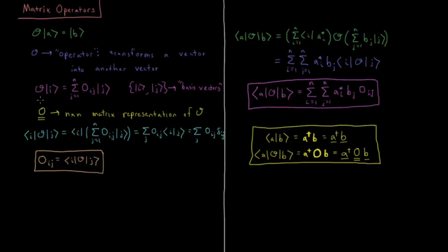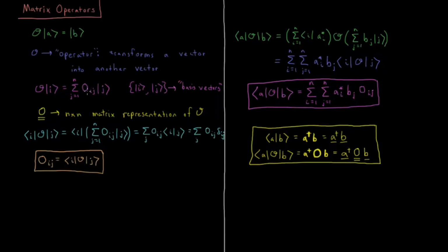So this operator acting on basis vector i is going to be a sum from j equals 1 to n of some component of each basis vector j. So i gets transformed into some value in each of the other basis vectors j. Same thing for all the other basis vectors i.